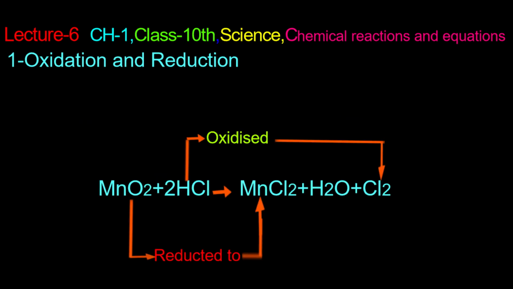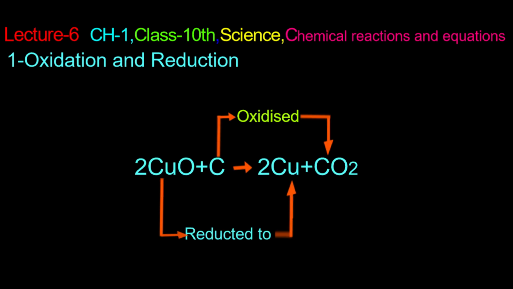In the first reaction, manganese oxide is reduced to manganese chloride, and hydrogen chloride or HCl is oxidized to Cl2. In second reaction, copper oxide is reduced to copper and carbon is oxidized to carbon dioxide. So these are redox reactions.